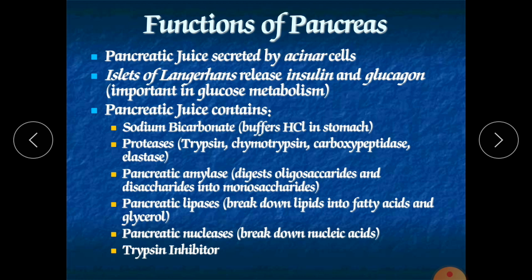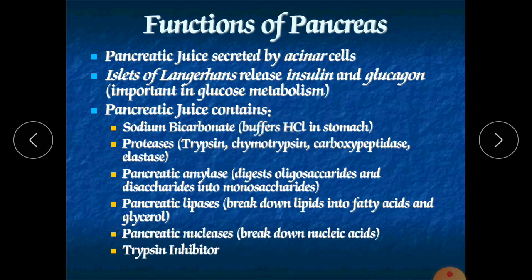Now it also contains proteolytic enzymes. Proteolytic enzymes do the breakdown, or lysis, of proteins. Actually, the pancreas secretes about 8 types of enzymes. That's why the pancreas has a great role in the digestion of food in the duodenum, and that's why we are discussing this point today.